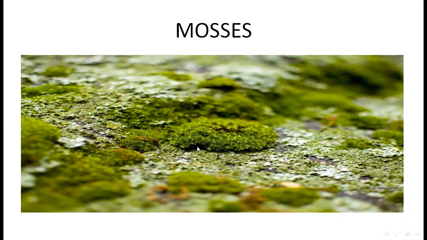Though they don't have true roots, they possess a root-like structure called rhizoid. In this way, they are a little more advanced than algae. Mosses do not absorb water through roots. Instead, they anchor themselves in the soil. Water is absorbed by the whole body of the plant like a piece of sponge.